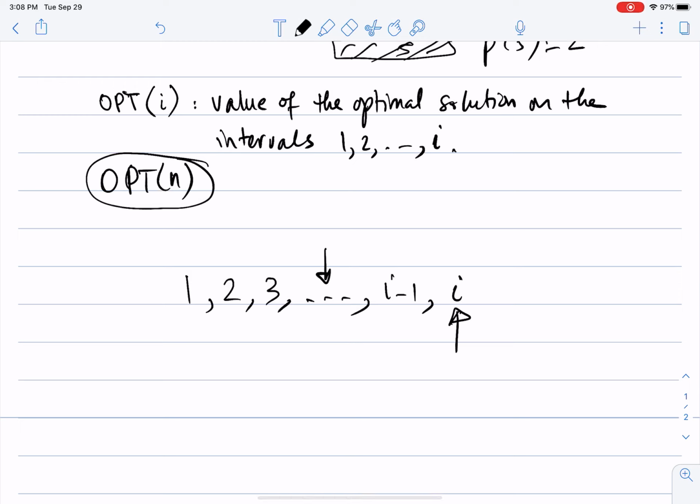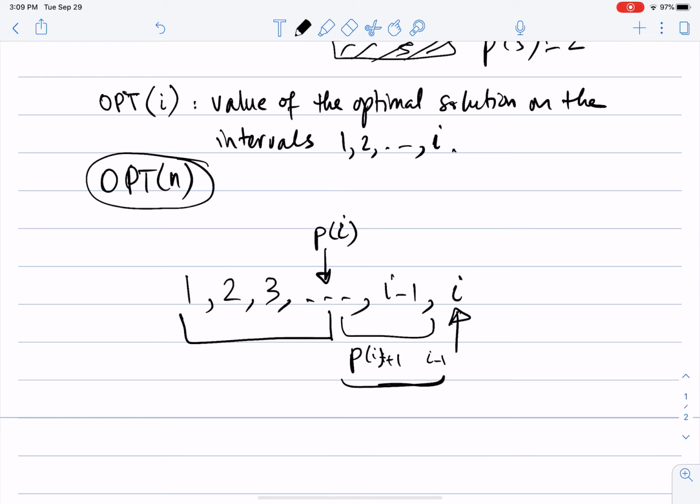P of I is the largest index of an interval that is compatible with I. Okay, the largest index, smaller than I, that is compatible with I. So these intervals 1, 2, 3 all the way to P of I are compatible with I. What does this mean about these ones from P of I plus 1 all the way to I minus 1, okay?